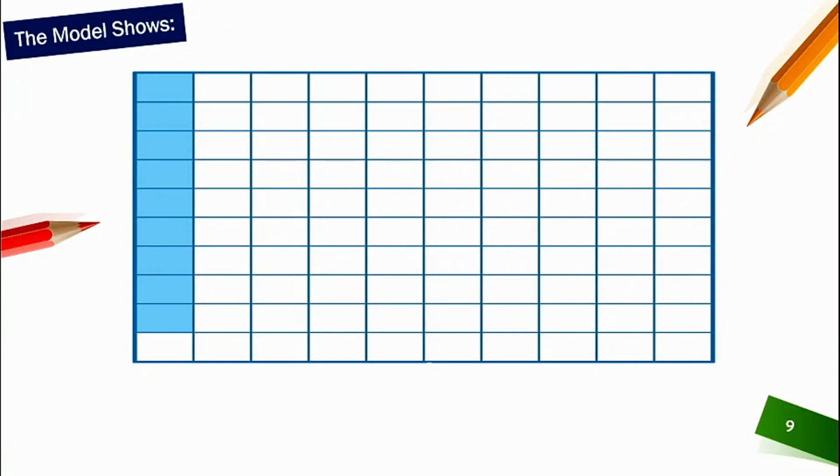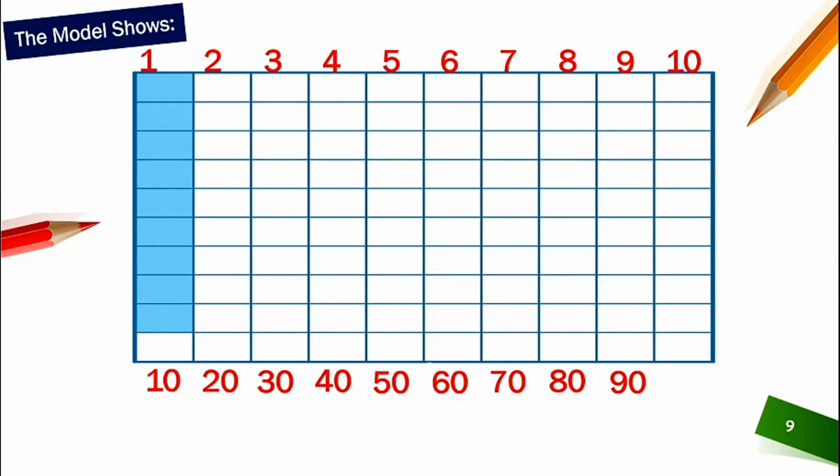Next, the same thing, we have 10 columns, and we have 100 small boxes. How many small boxes are shaded? Let's count. We have 1, 2, 3, 4, 5, 6, 7, 8, 9. 9 small boxes were shaded.